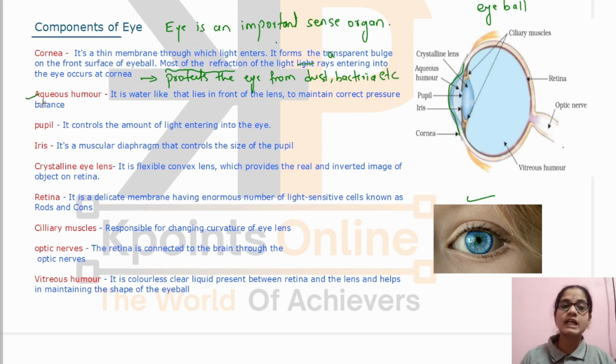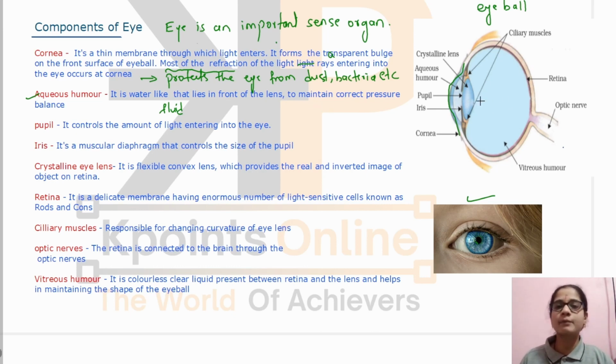Then the second one is the aqueous humor. What is it? It is a water-like fluid and it lies between the lens and the cornea. What you are seeing here is the lens. Why is it present? Because it maintains the correct pressure of the eyeball.